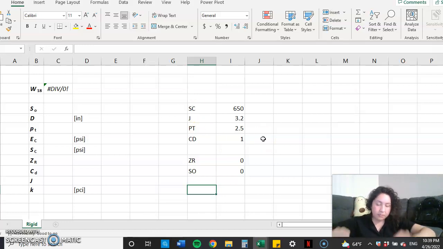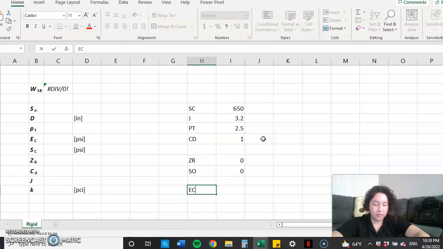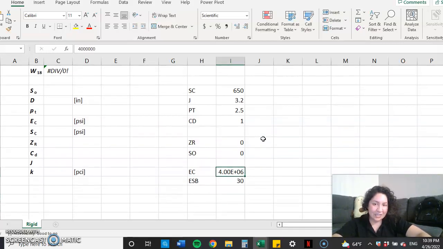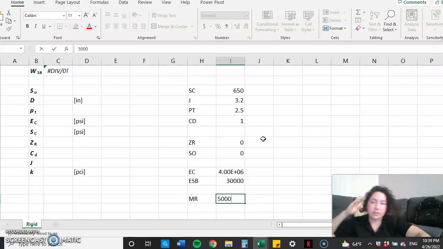And then the modulus of elasticity of my pavement is 4 times 10 to the 6. My modulus of elasticity of the subbase is 30,000. And my resilient modulus is 5,000 psi.